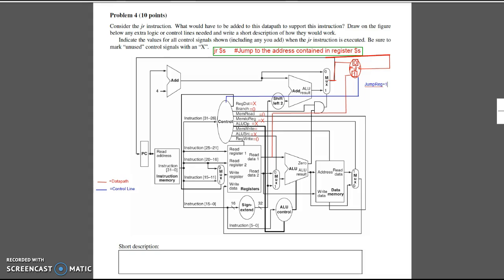With that said, we must create that new control signal, and we set it to 1. As long as we take the output of this mux and put it back directly into our PC right after it, it should be executed correctly.